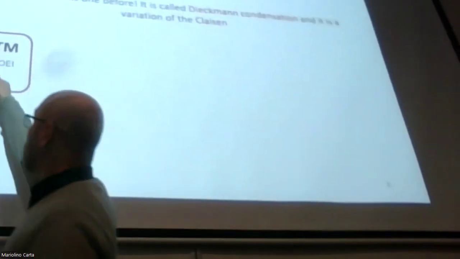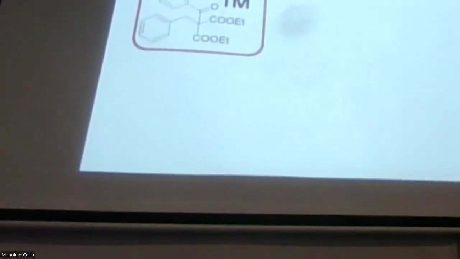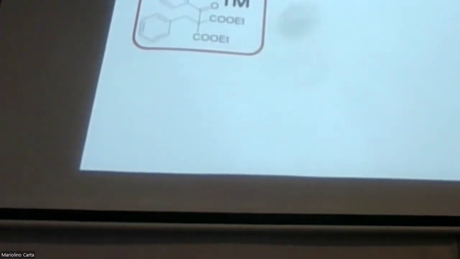Two. 1,2, 1,3 dicarbonyl, 1,2, 1,3 dicarbonyl. So you can choose which type of carbon. So you have this molecule. Where would you start from?